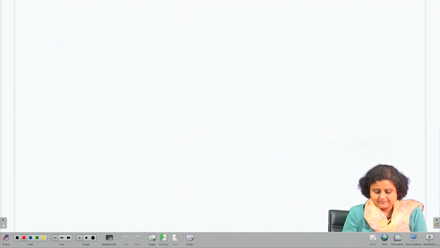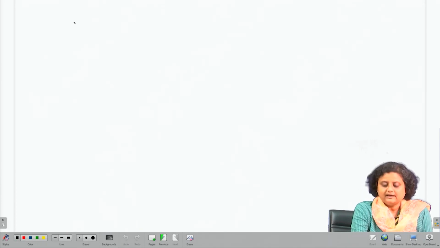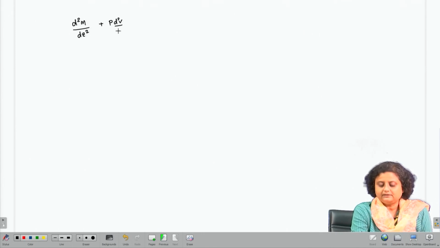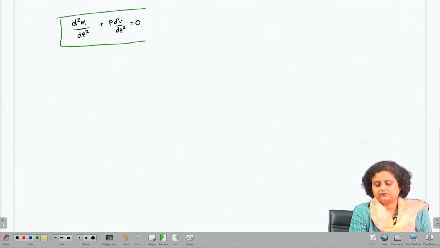If that happens, then our equation simplifies further and becomes d2m by dz square plus p into d2v by dz square, and that is equal to 0. So, this is the third equation.